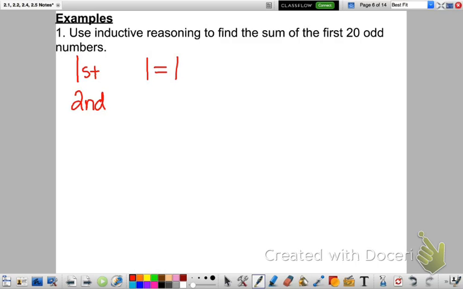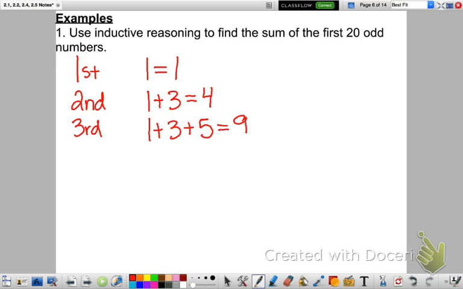The sum of the first 2, 1 and 3, is 4. The first 3, 1, 3, and 5, is 9. And the first 4, 1, 3, 5, 7, is 16.